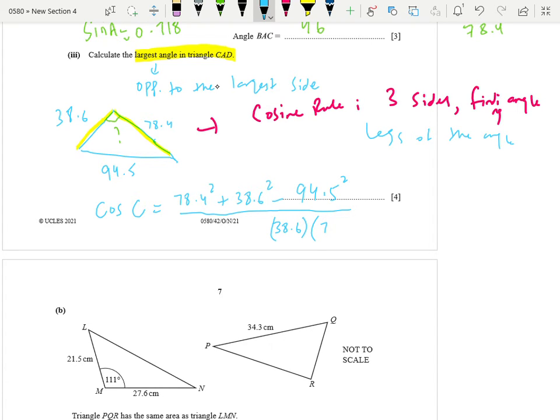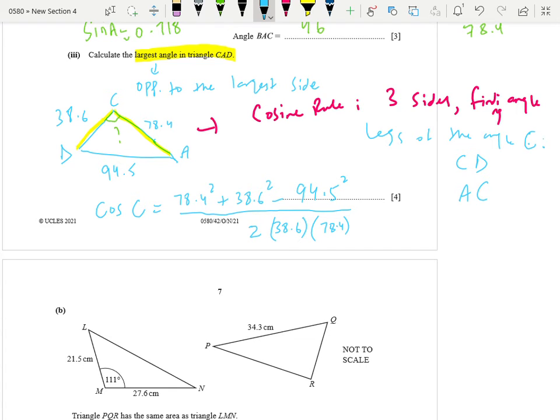These two, right? For this question, these are CD and AC. So AC and CD are the two legs of the angle C. Every angle has got two legs. You need to identify them. And if you can identify them, you are good to go to use the cosine rule. And you have to multiply them in the denominator and also multiply by 2.